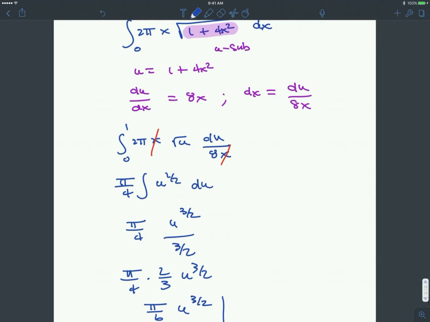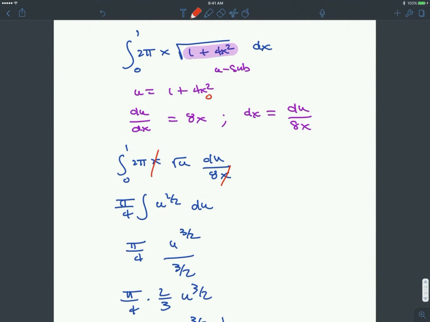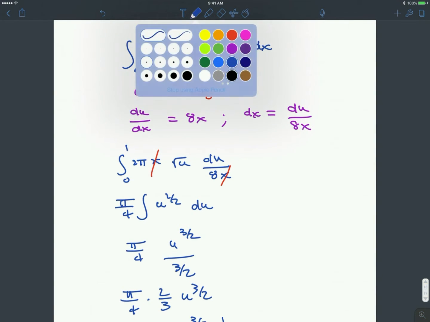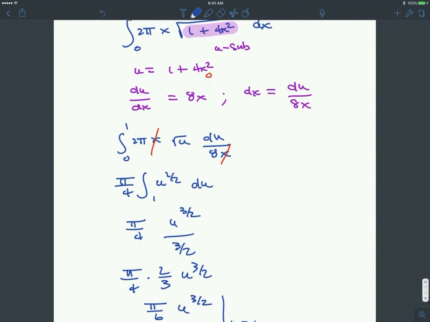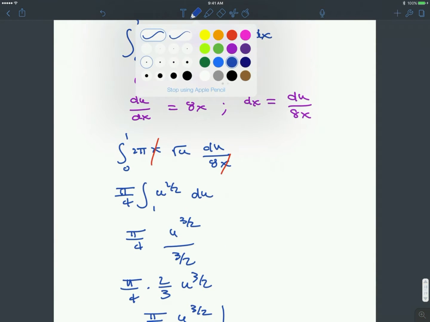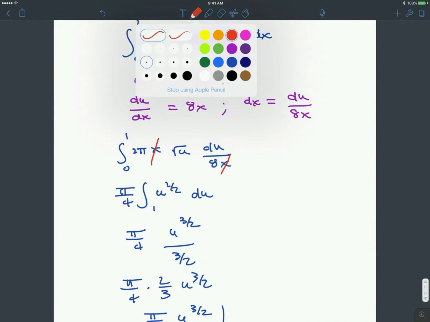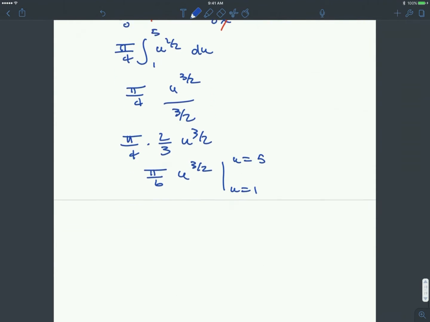Now, what is u? If I go back here, replace x with 0, that gives me u equal to 1. So when x is 0, u is 1. That's the lower limit. When x is 1, that's going to give me 5. So u is 5.